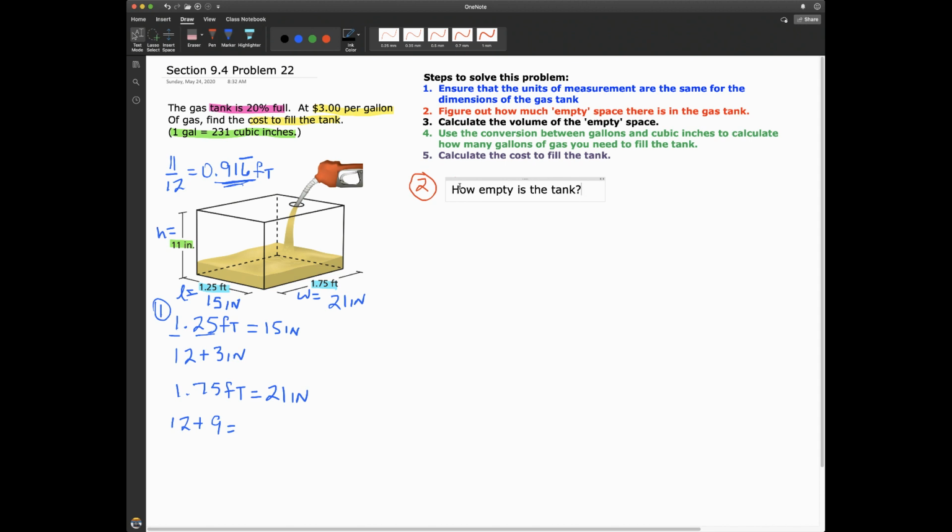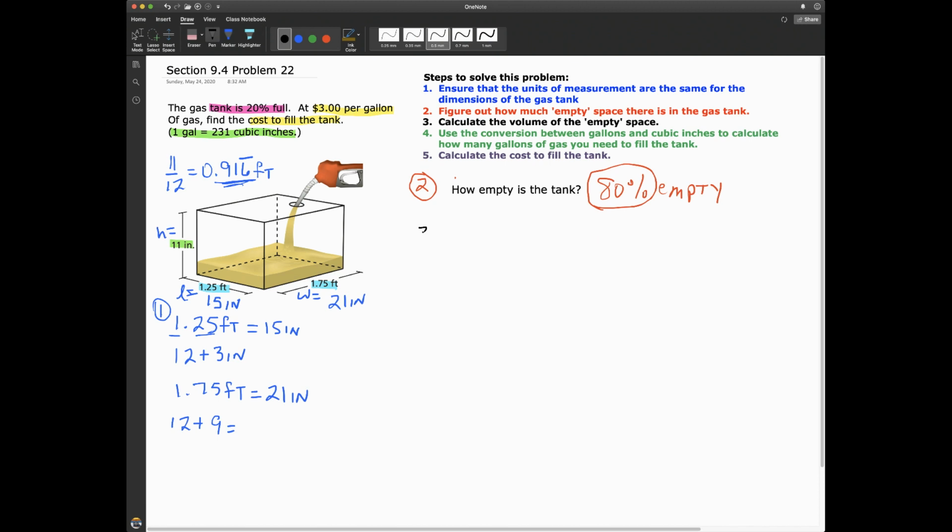So how empty is this tank? If it's 100% full when it's got all the gas in there, and now it's only 20% full, the tank is 80% empty. We're going to use this value in future steps, like the next one.